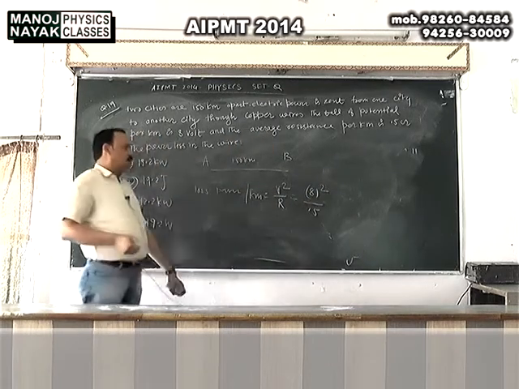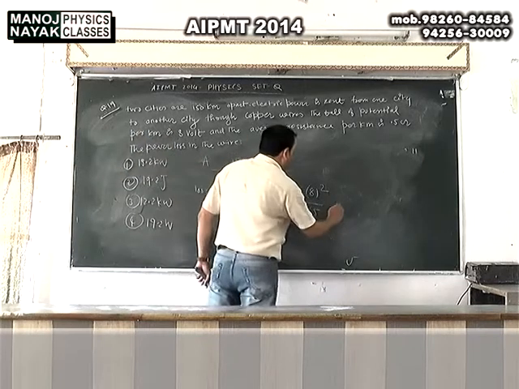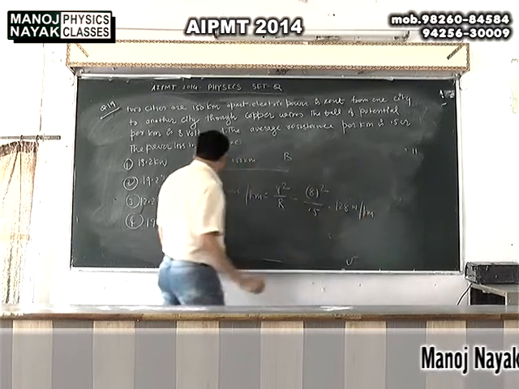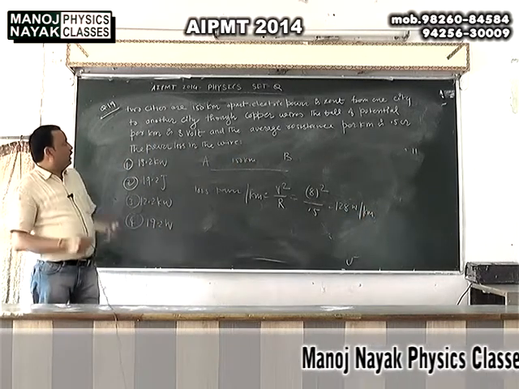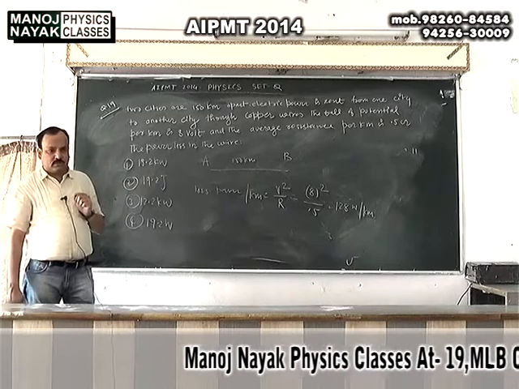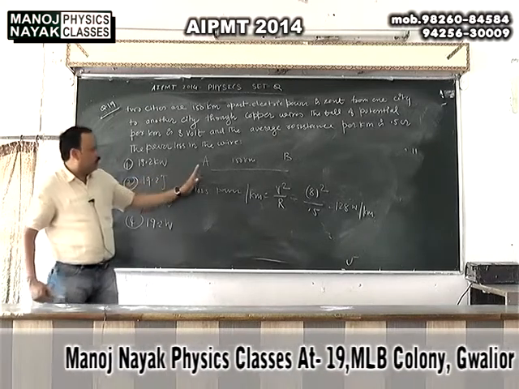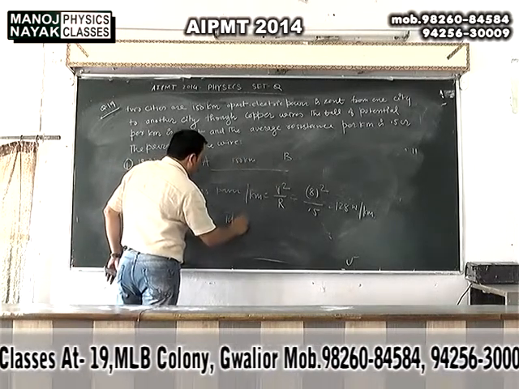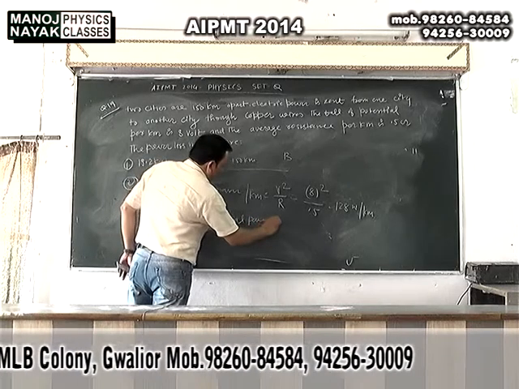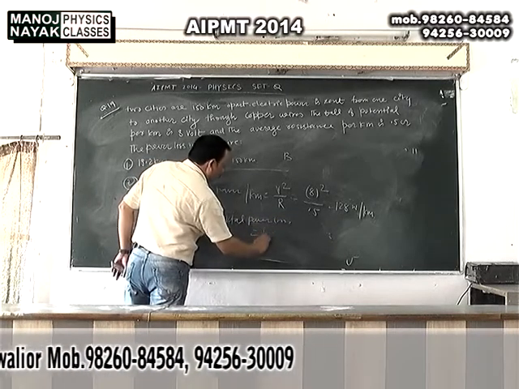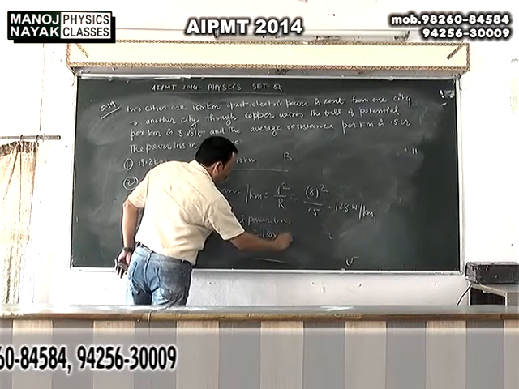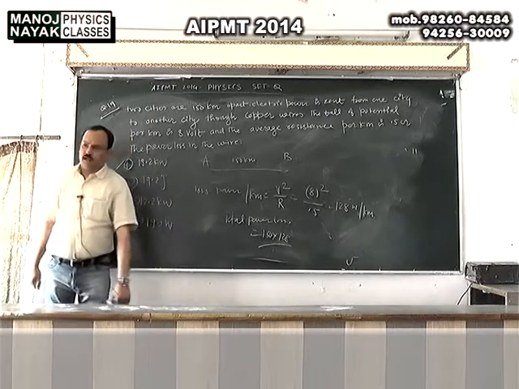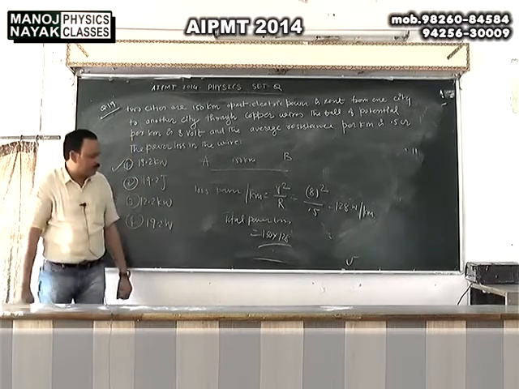If you calculate it, then you can get 128 watt per kilometer. Okay, but the total power loss is what? The distance between A and B is 150 kilometer. Therefore, total power loss will be 150 into 128 and you can calculate 19.2 kilowatt. Okay, so very simple question.